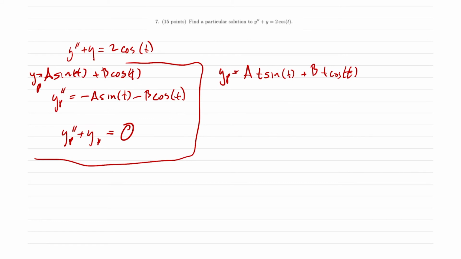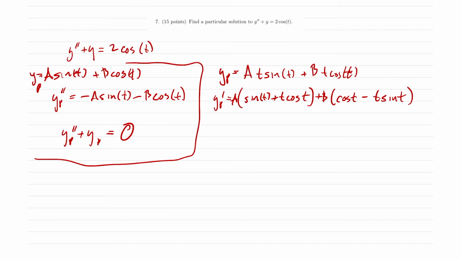All right, so let's go ahead and do it. So y sub p prime, this one's a little bit harder. So we're going to have a times sine of t plus t cosine of t, plus b, where we have cosine of t minus t sine of t, product rule.